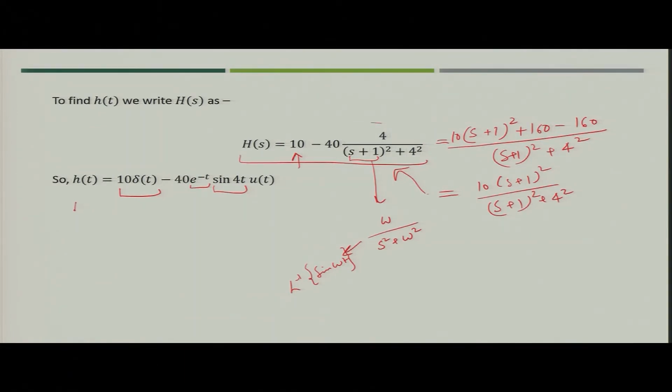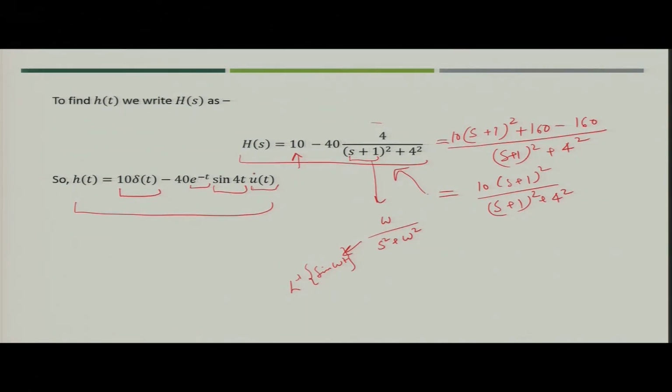So, finally, what you get is the transfer function H(s) in this form, and then H(t), the time domain value of H(s), is nothing but the impulse response of the transfer function, meaning 10 delta(t) minus 40 e^(-t) sine 4t, multiplied by the unit step function to say that this is applicable for time t greater than 0.